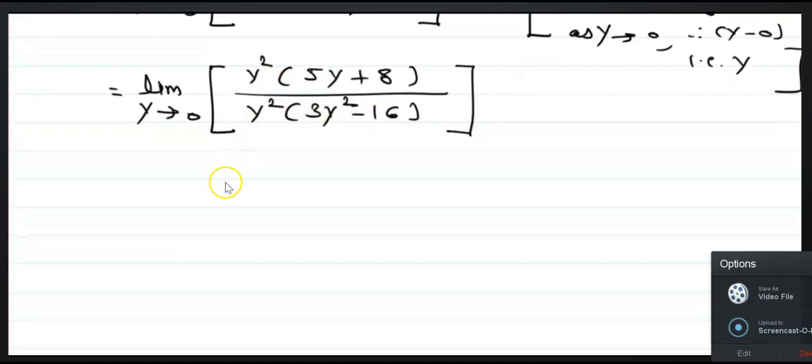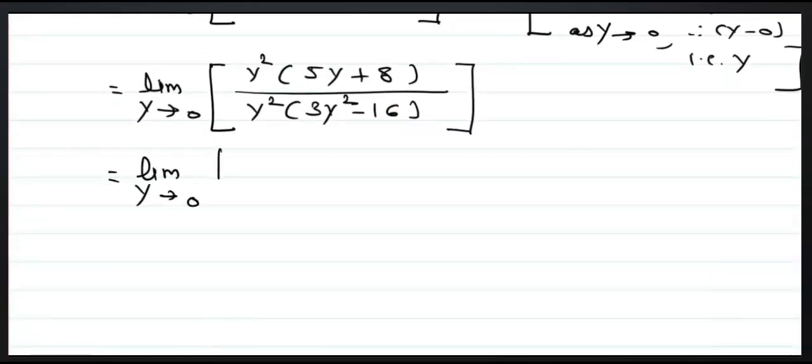Now this y square gets cancelled, and then we take the limit as y tends to 0. Therefore this will become 0 and 0, 8 upon minus 16, that is minus 1 upon 2 will be the limit of this given function.